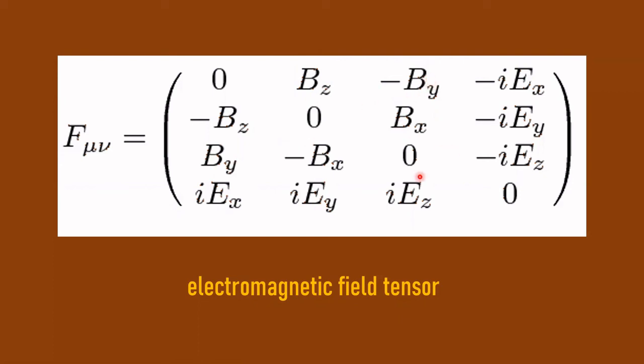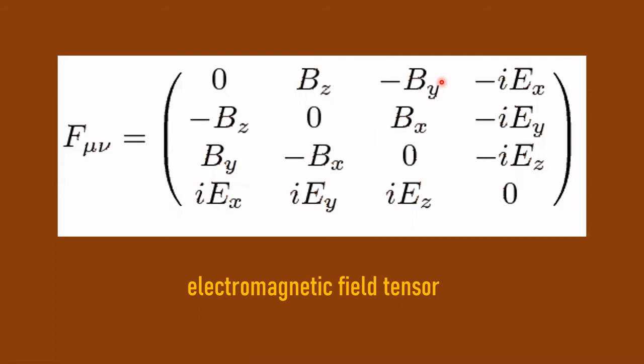So if you look carefully here, there are actually only 6 independent components. Once you've determined Bx, By, and Bz, then you of course know what negative Bx is and negative By, etc. Same goes for the electric field. So it may be a 4x4 matrix with 16 positions, but really only 6 of those numbers are independent.